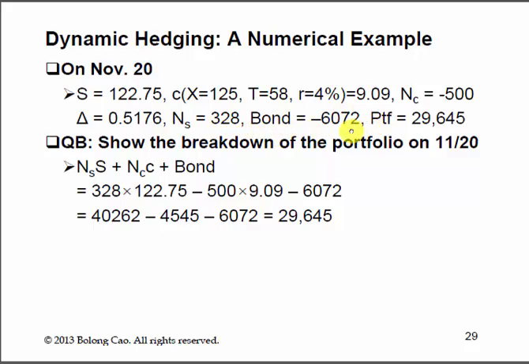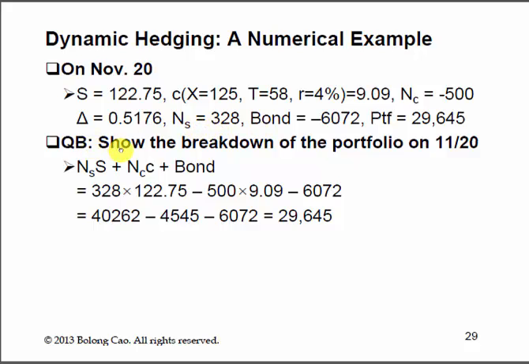Now let's say the bond position is negative 6,072. That's the bond position value. The total portfolio value is 29,645. So this is what we have right now.